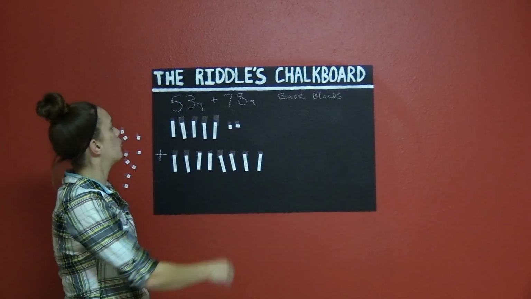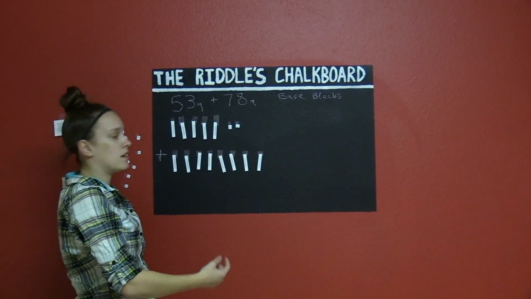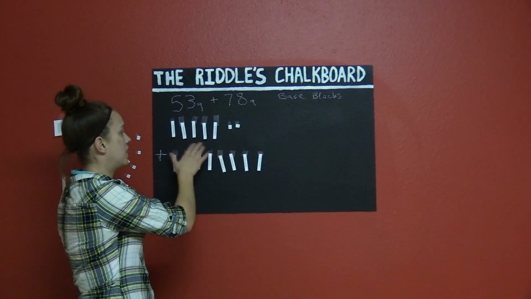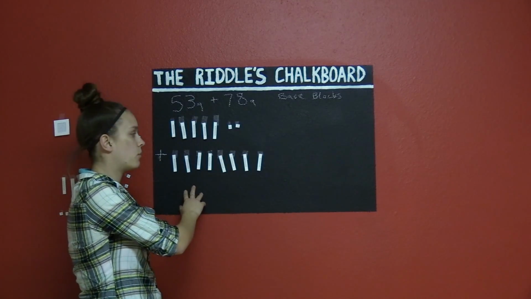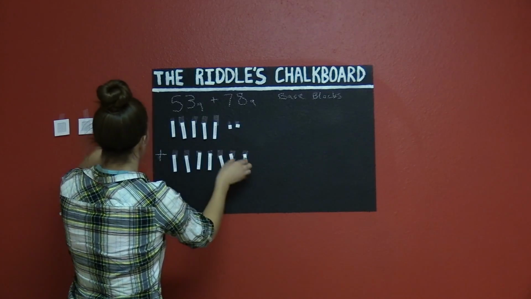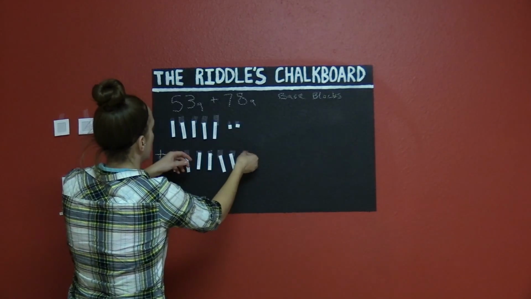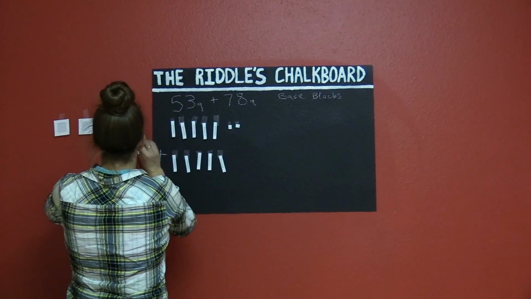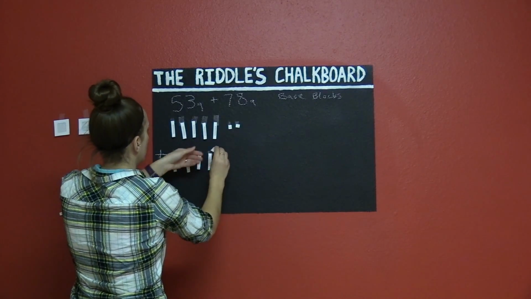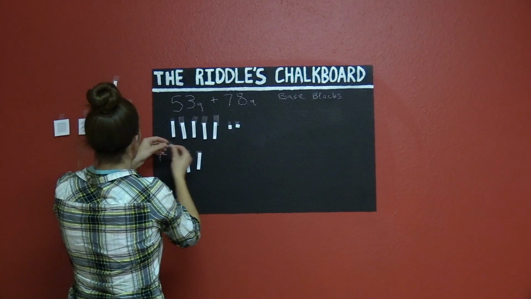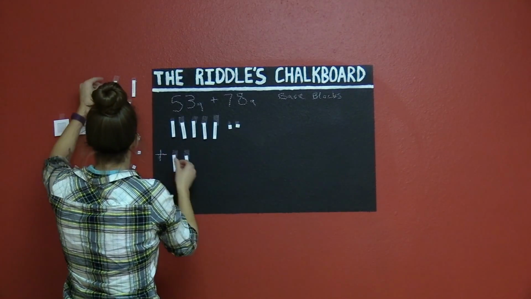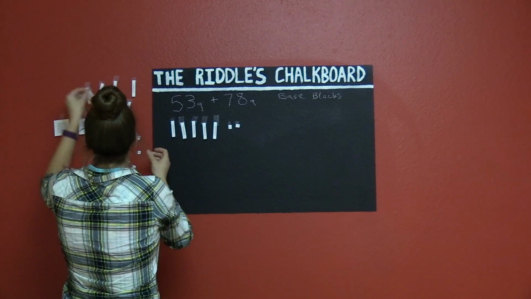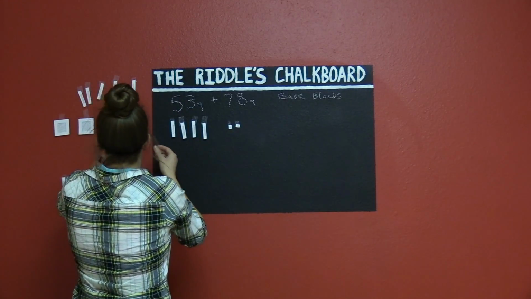Okay, now we have to add 5 to 7. So, do we have more than 9 rods? Yes, we do. So we need to take 9 rods and regroup them for a flat. So, 1, 2, 3, 4, 5, 6, 7, 8, 9.